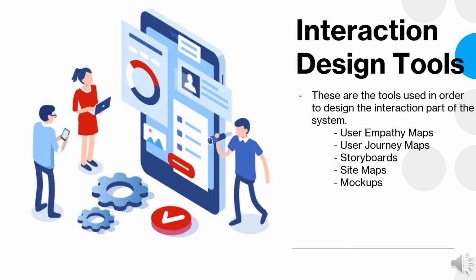The tools that we'll look at are user empathy maps, user journey maps, storyboards, site maps, and mockups. And in this video specifically, we'll look at the user empathy maps and user journey maps.